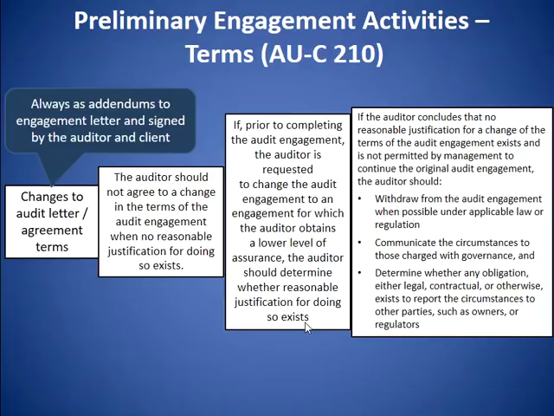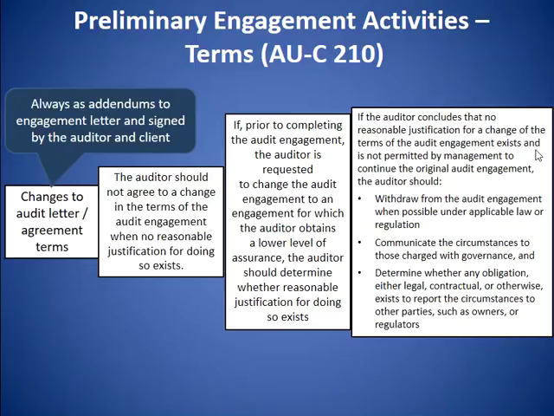Sometimes the client enters into an agreement where they wanted an audit report, and later they find out they really don't need it. Let's say they need the auditor to perform some other type of lower level of assurance. Under those conditions, the auditor has to determine whether or not that justification exists.